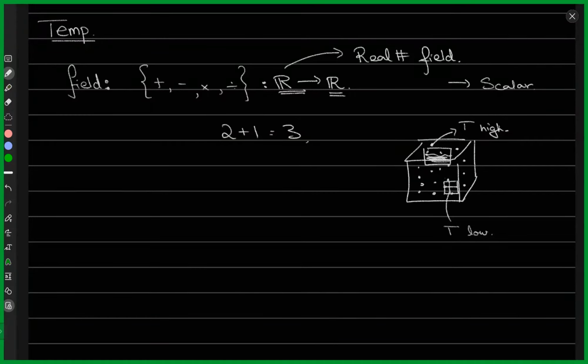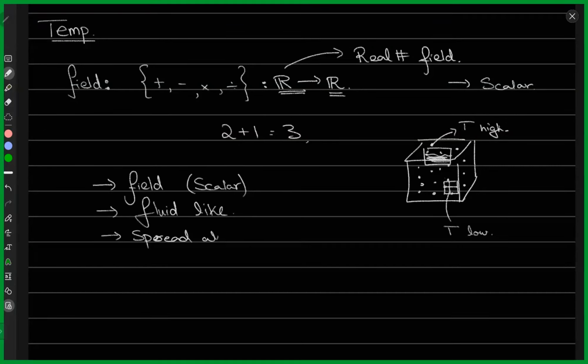So the takeaway from this is that temperature is a field. It's really a scalar field, and you can think of it as a fluid-like substance. So let me just write all of these over here. Temperature is a field. It's a scalar field. And you can think of this field as a fluid-like substance, and it's spread all over the room. Spread all over space, right? And these are just numbers.